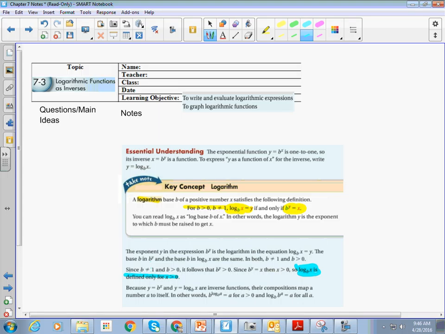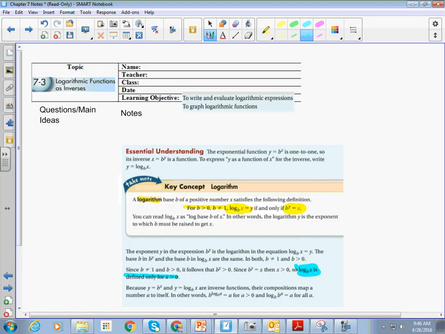Because y equals b to the x and y equals log base b of x are inverse functions, their compositions map a number a to itself. In other words, if you have base b and its exponent, log base b of a, it's going to be equal to a.